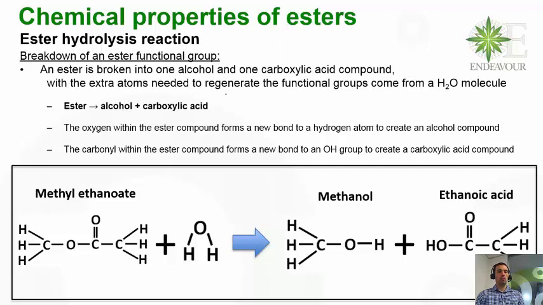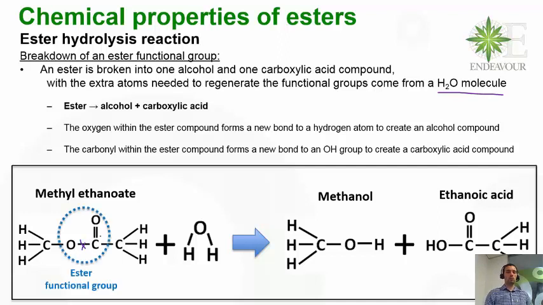But to be able to regenerate those alcohol and carboxylic acid compounds, this time we actually have to add in a water molecule. So a water molecule is actually the other reactant that's required in the reaction. So the first thing that's going to happen in this reaction is to actually break the bond within the ester functional group. And this will allow the two pieces that were coming together in the ester functional group to actually separate.